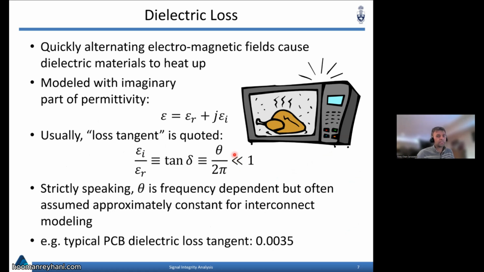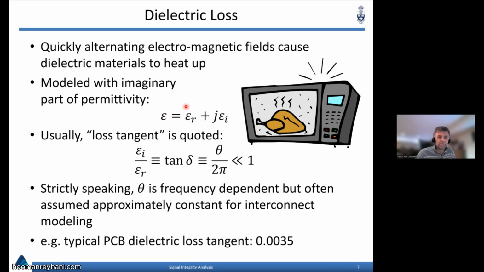Okay, so you may find in various references different ways that dielectric losses can be modeled, but the best way that I found is to model it with an imaginary part of the permittivity of the material. Again, this is related to the dielectric constant of the material surrounding the conductor.